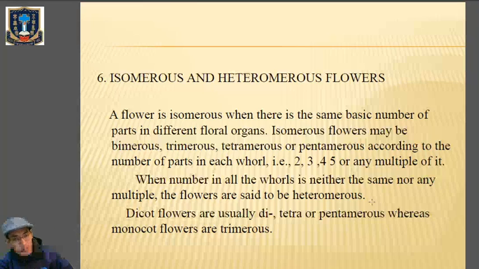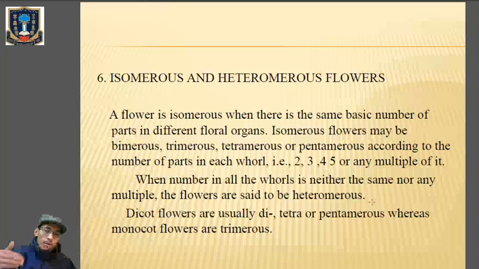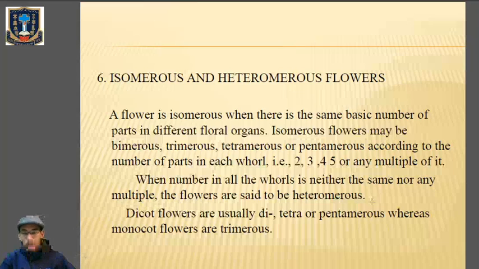Isomerous flowers may be bimerous with 2, tri means 3, tetra means 4, or pentamerous means 5, according to the number of parts in each whorl. It can be in multiples of that also. Then heteromerous, hetero means different.